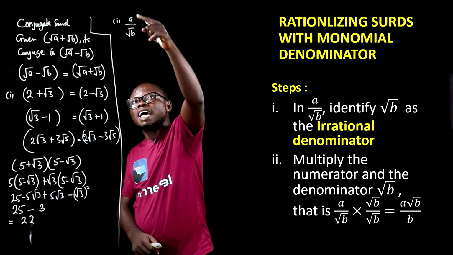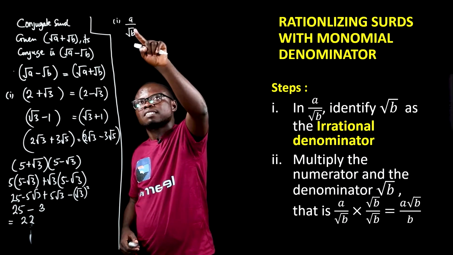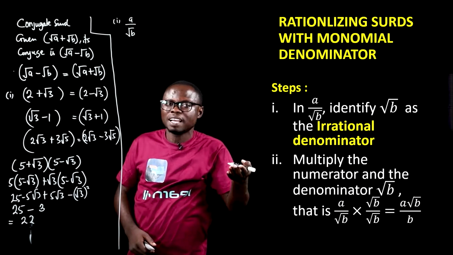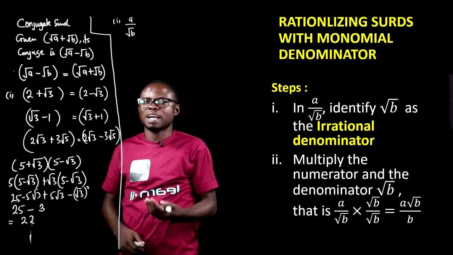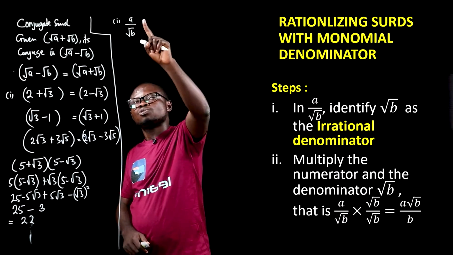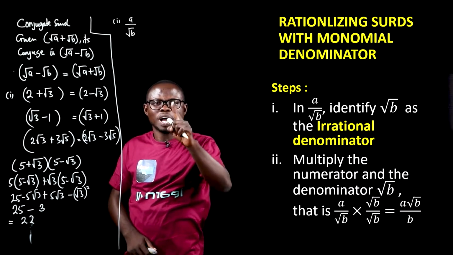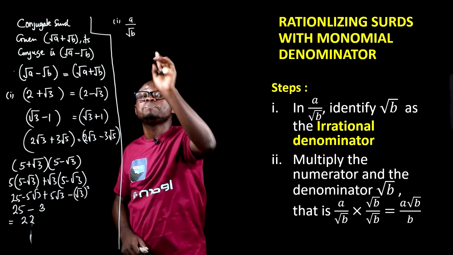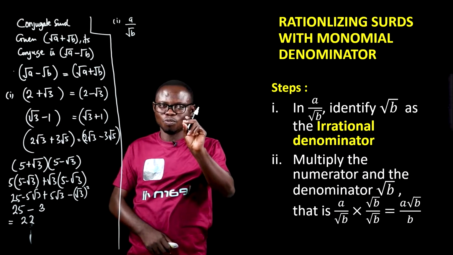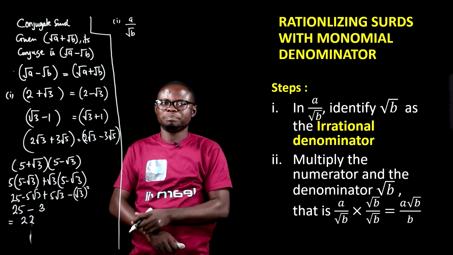To rationalize this surd simply means to manipulate it so that the denominator, which is an irrational number, becomes a rational number. Two, in the denominator, we have only one term, and that is root b. Therefore, that is monomial, one term.